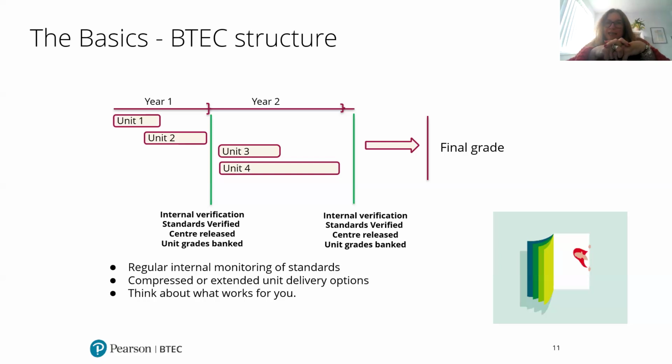You've had your IV report containing recommendations in the main, guidance, and then students are ready to move on to the next academic year. Unit grades are banked for year 1. Students are tracked. They know exactly what they need in year 2 to gain those overall grades, so that they know what they're aspiring to and what they need to do in the following academic year.